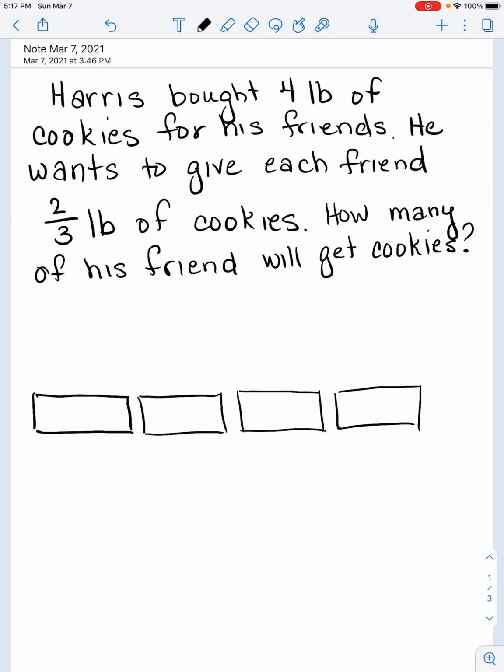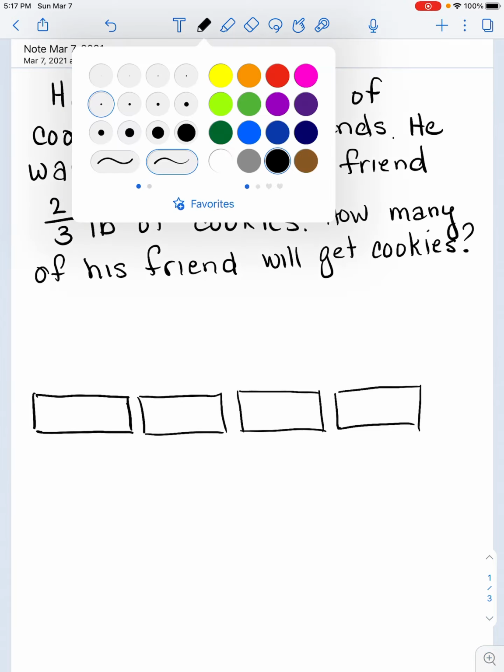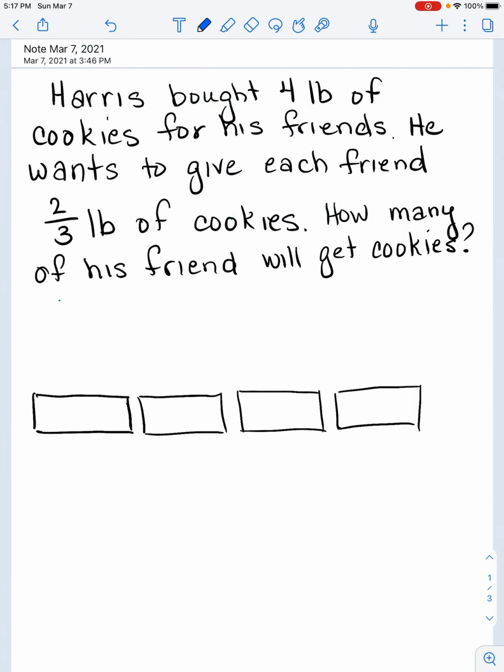So the first thing I want to do is have an internal dialogue, and say, what is it that I'm looking for? What I'm looking for in this case is how many groups of 2/3 are in 4.